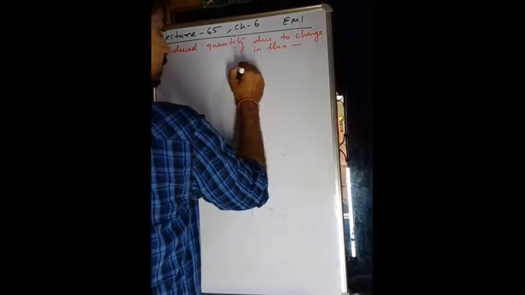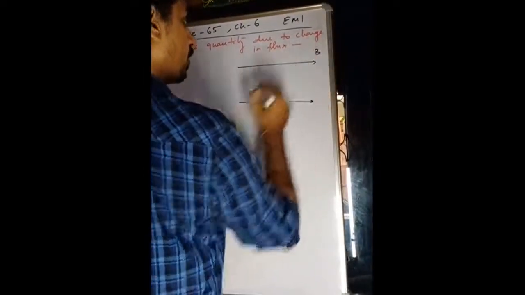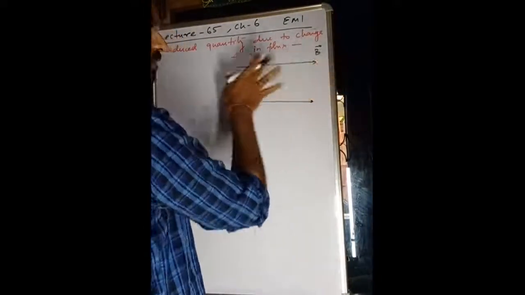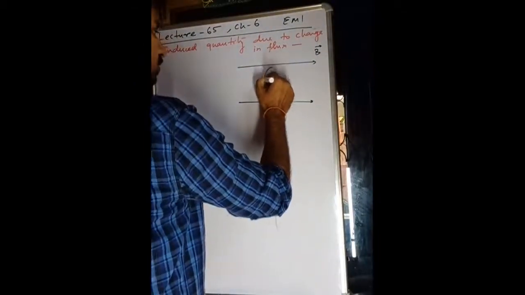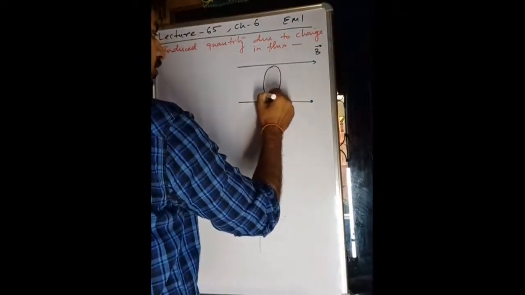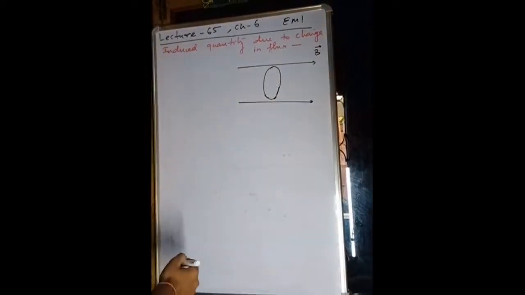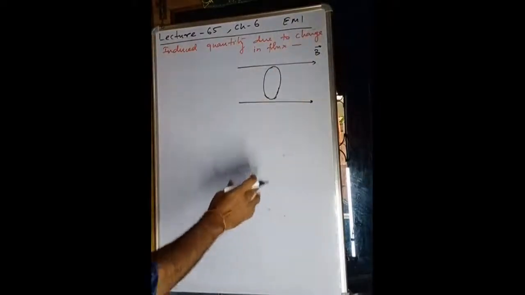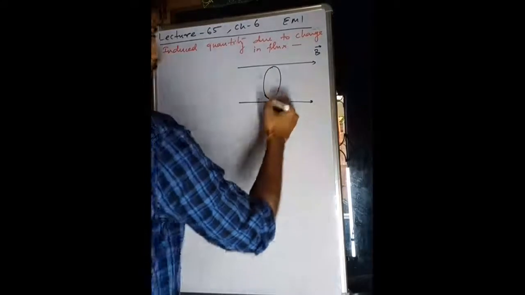Suppose this is a uniform magnetic field which is in the direction of the x-axis. A coil, this is the coil which is placed, and if this magnetic field changes, then how can we deal with the quantities here?